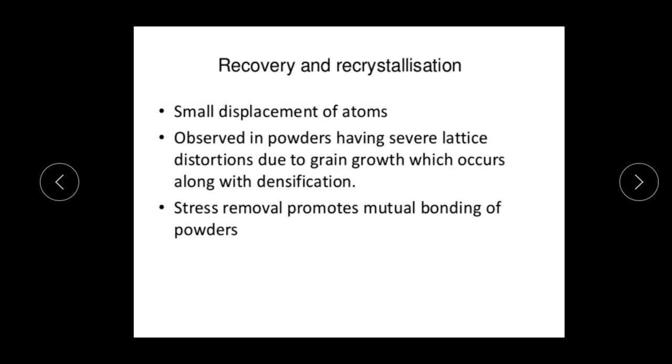Now we will discuss number 1, recovery and recrystallization. In recovery and recrystallization, small displacement of atoms happens and is observed in powders having a severe lattice distortion due to grain growth which occurs along with densification. The stress removal promotes the mutual bonding of powders.